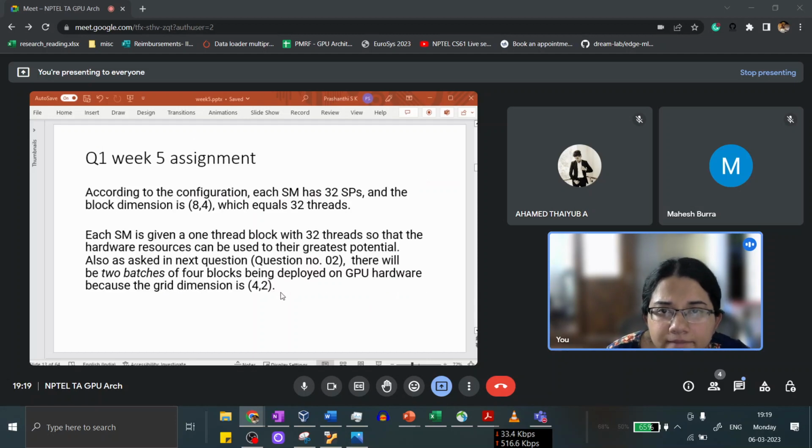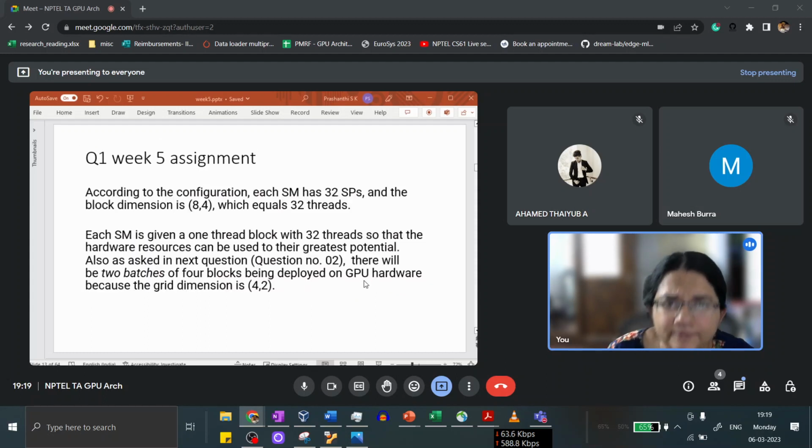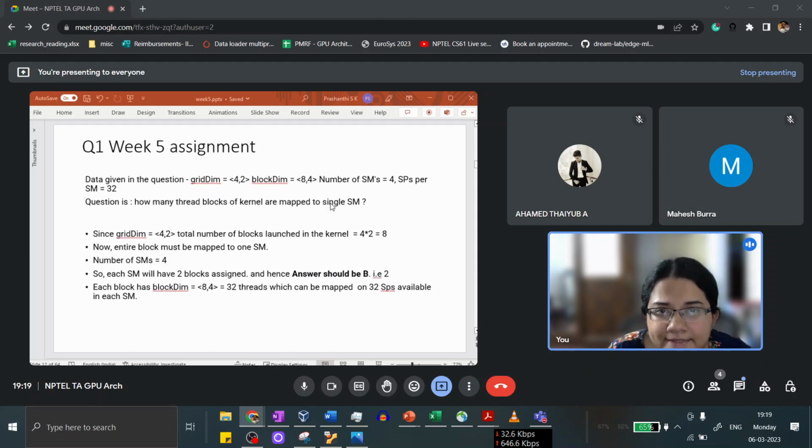But the answer given is not 2. I think the answer given was 1. So the person is asking how is the answer 1, right? The only difference here is that when the question says how many thread blocks of a kernel are mapped to a single SM, the implicit part is how many at a time.